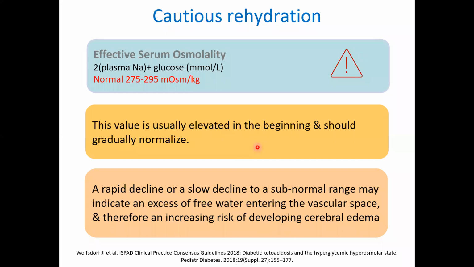Normally, it's as high as 300, 320 when they present with DKA. But once we begin treatment, it's supposed to gradually come down to normal. So if you have a rapid decline, or a very slow decline but to a subnormal range, then that may indicate an excess of free water entering the vascular space, and therefore an increased risk of cerebral edema.